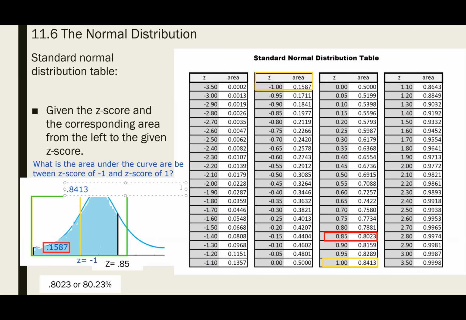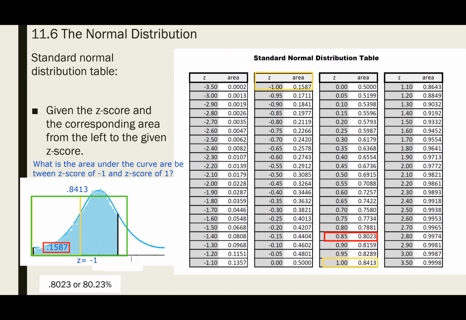0.8413. And let me block this thing out so that you won't get confused. And let's say that my z-score is z equal to 1, right?